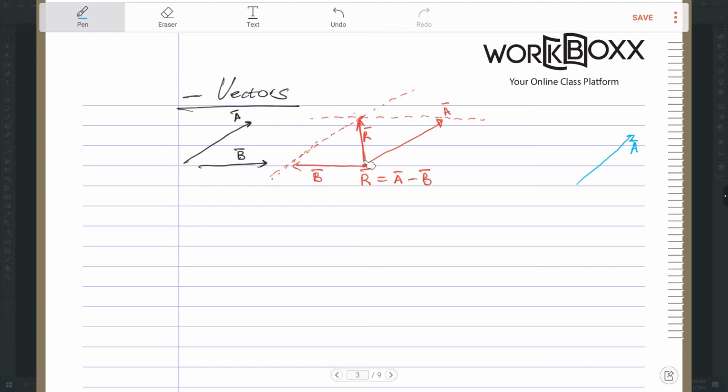You're subtracting vector B, so the tail will start at the tip of vector A. So you have vector B, and the resultant R will be vector A minus vector B. So that's how you do your vector subtraction.